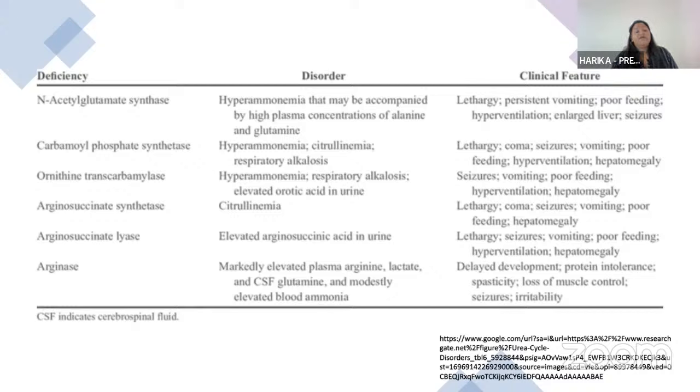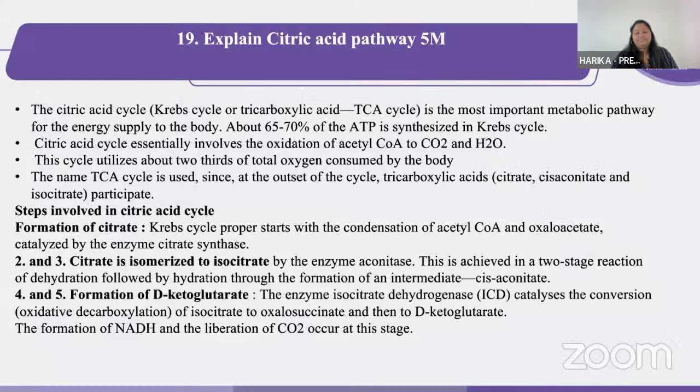The deficiency of carbamyl phosphate synthase causes respiratory alkalosis, hyperammonemia, lethargy as your clinical sign, and coma. You may get seizures, vomiting, poor feeding, hyperventilation, hepatomegaly.